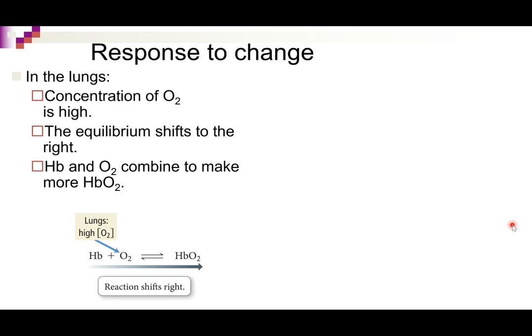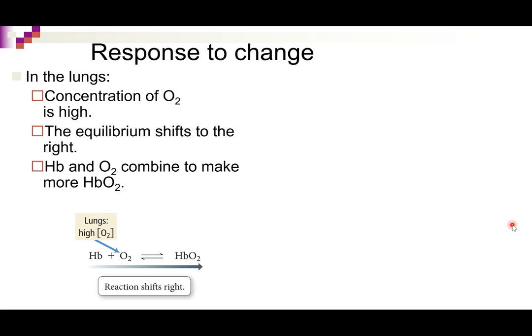The body's really, really good at manipulating this hemoglobin-oxygen equilibrium. For example, in the lungs, the concentration of oxygen is really high. So the body senses that there's a high concentration of oxygen, and it says, you know what, while I have this opportunity where there's lots and lots of oxygen present, why don't I shift my equilibrium?